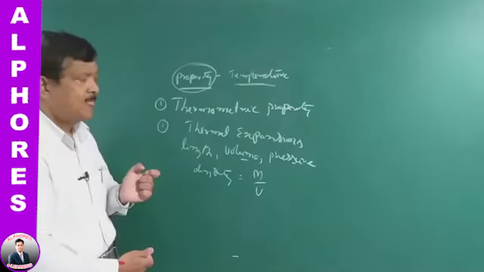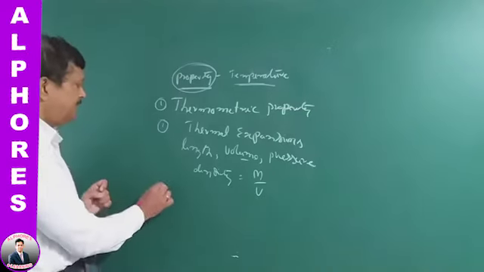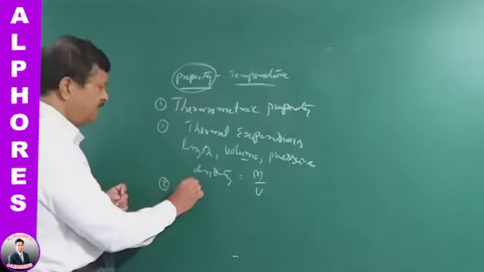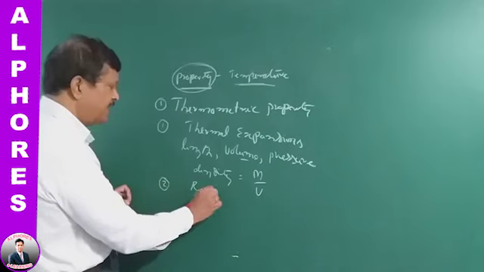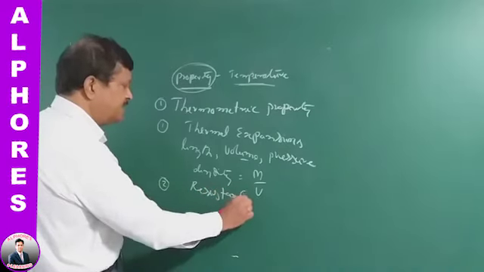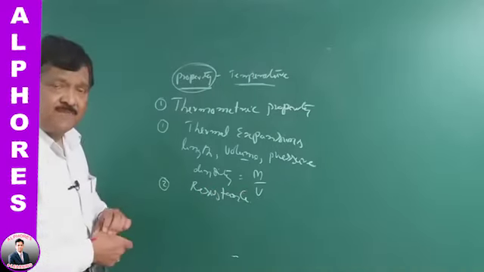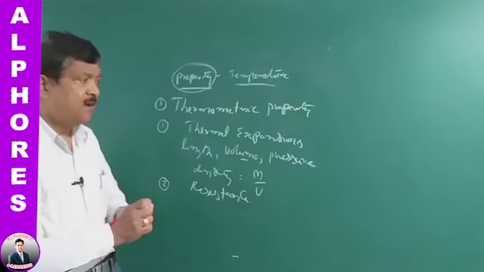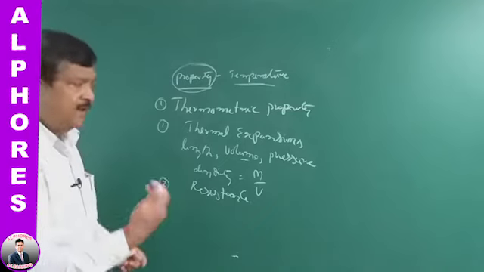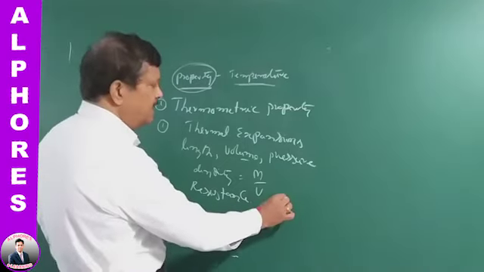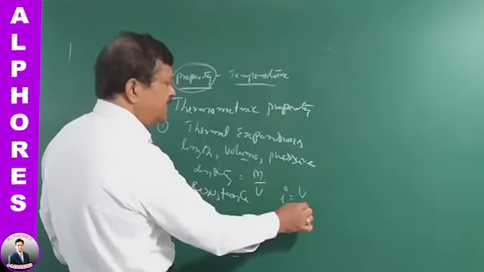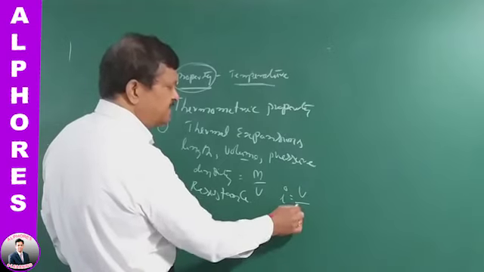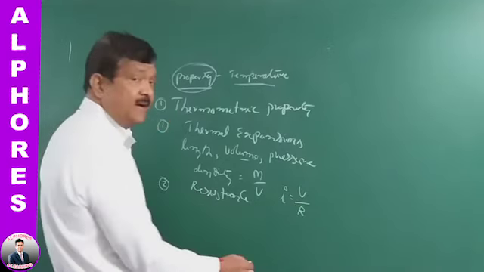Thermometric properties. And apart from that, there can be a change in the resistance of a wire, that is, electrical resistance. For a given electrical conductor, you have studied Ohm's law in the lower classes. According to Ohm's law, the current passing in a conductor is the ratio of the potential difference applied to the resistance of the conductor.